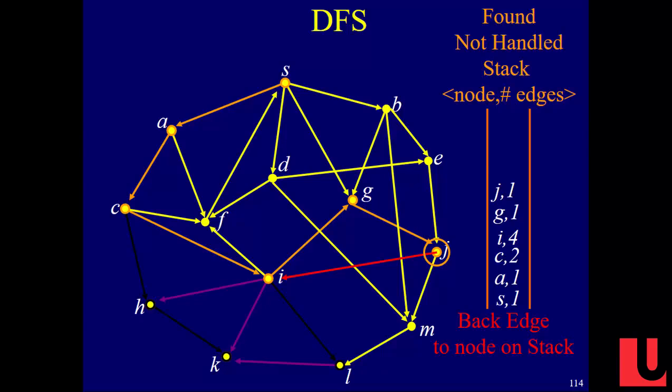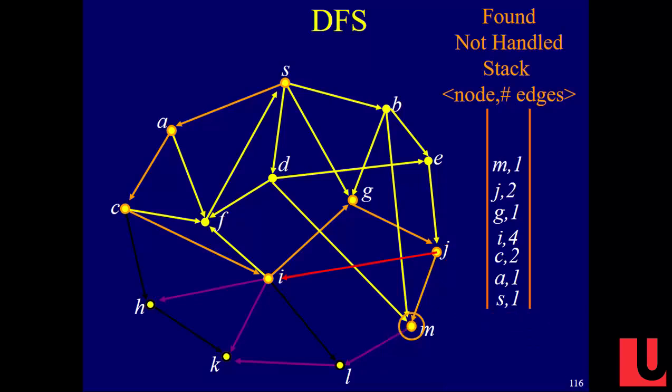Yes, sir. What's the edges again? The purple edges are going to things that have already been completely handled. Okay. Well, the red edges are going to something on the stack, which forms a cycle.